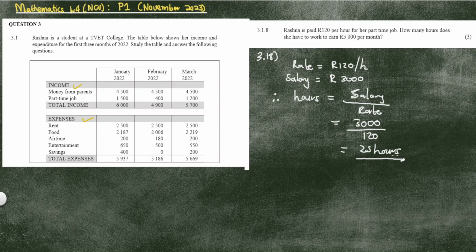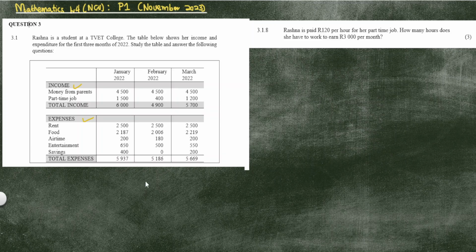That does not mean the 25 hours are hours she's going to work in one whole day. It's hours that will be spread across different days, of course. So maybe 4 hours one day, 4 hours another day, and so on, right? But in total, she must work 25 hours for the whole month. All right, so this is 3.1.